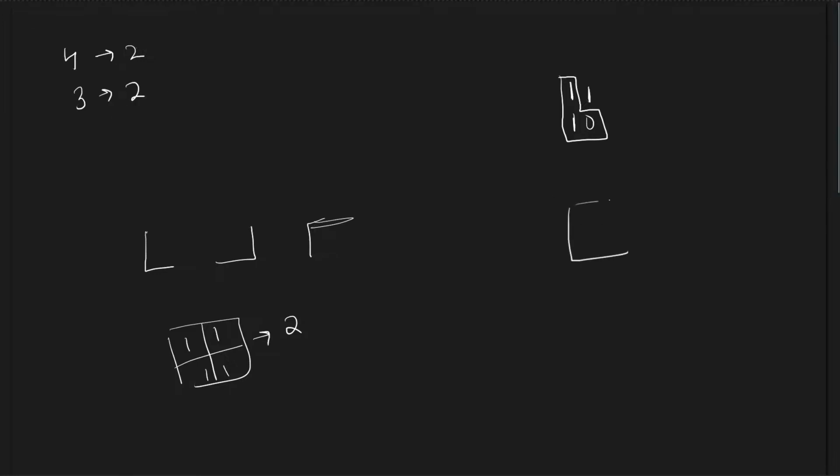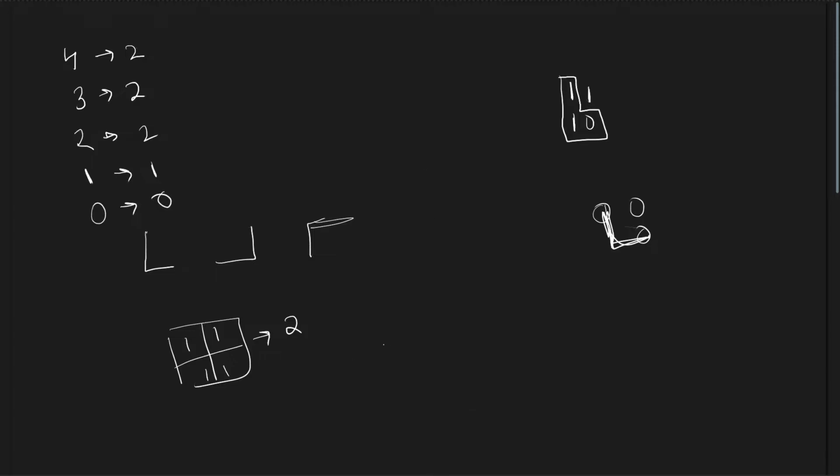If there are only two ones present in the grid, then in this particular case, I can take this L shape first, so I can turn them all 0, and then I can take this L shape. So if the number of ones present in a 2 by 2 grid is 2, the answer will still be 2. In the case of 1, if there is one 1 present in a 2 by 2 grid, then the answer can obviously be 1 after taking the shape, and if there is 0, then we cannot take any of them.